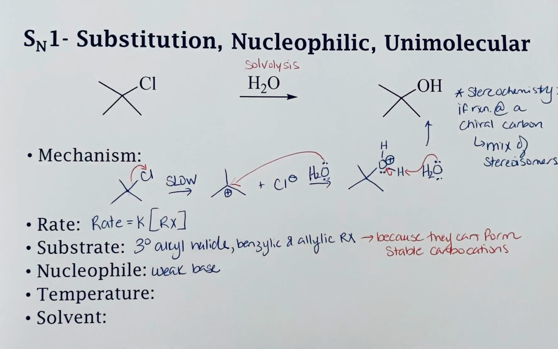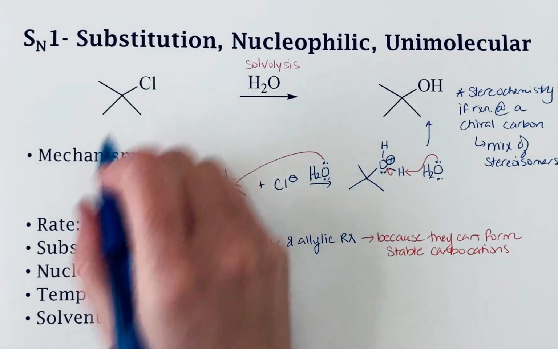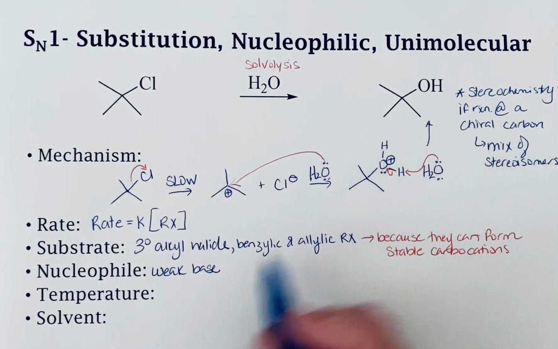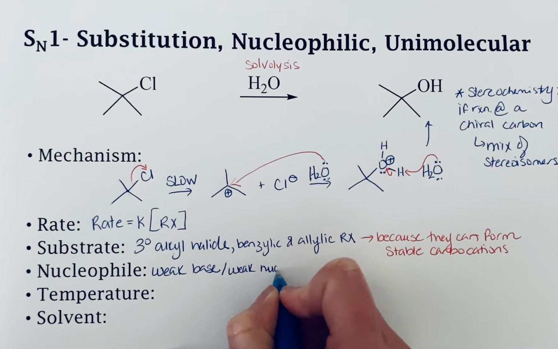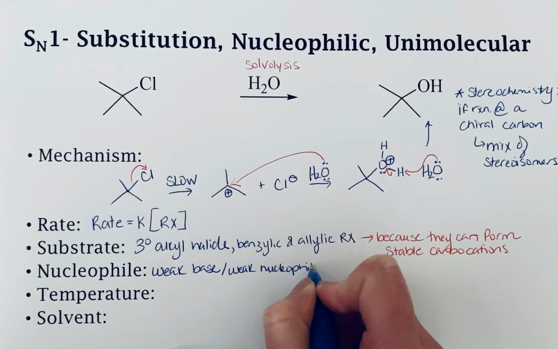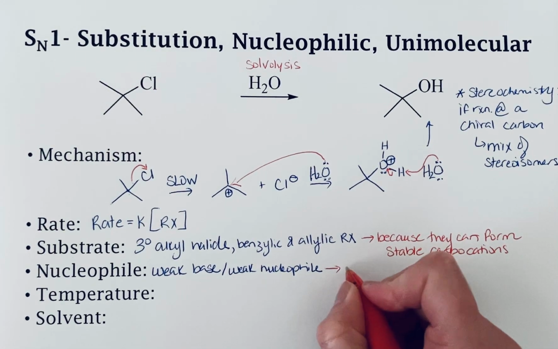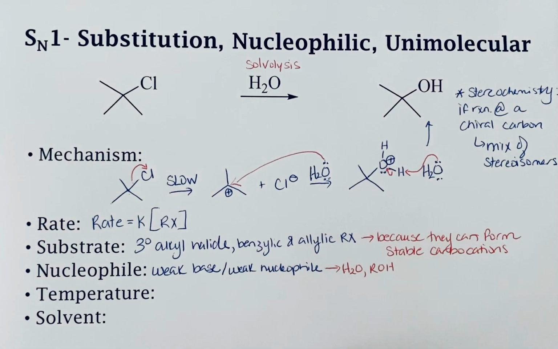If you have something that is a strong base, or even a moderately strong base with something like a tertiary alkyl halide, the elimination pathway, E2, would be favored. So to have this occur, we want a weak base, weak nucleophile, and essentially the only ones you're going to see, for the most part, are things like water or some simple small alcohols, right?